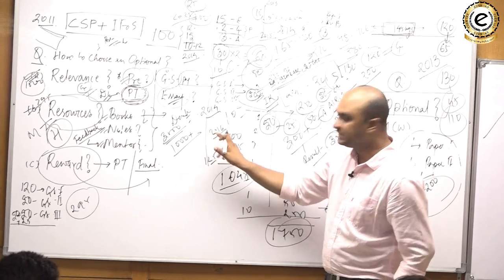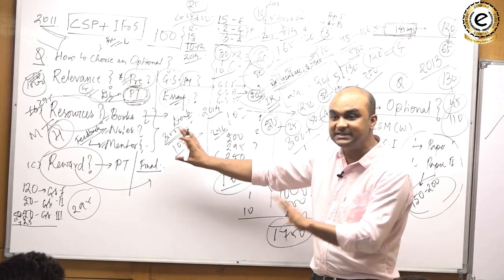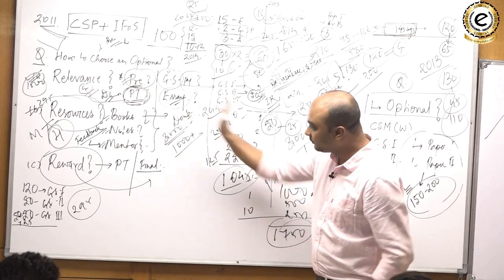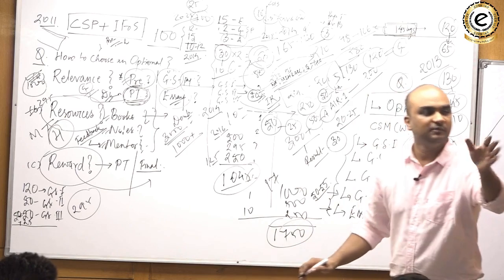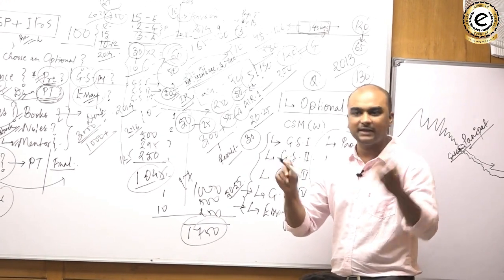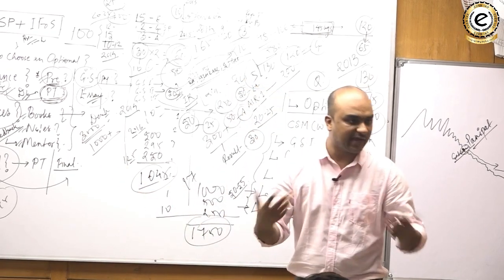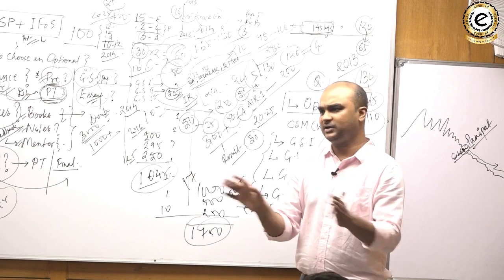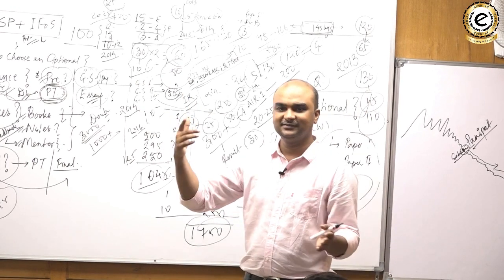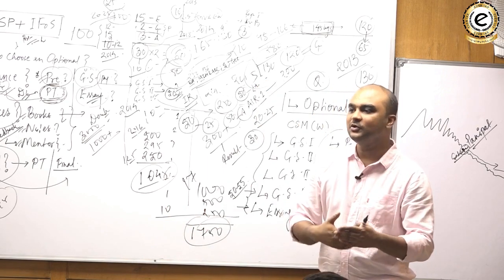In 2014 and 16 this has happened, and you can understand how many optionals there are. Out of the total selection also, nearly 30 to 40% were from geography. But we should not only think about selection. We should think about performance and rank. Isn't that so? Are you studying for just getting any rank? Will you be happy with a 1000 rank? No. Everyone wants to perform well.